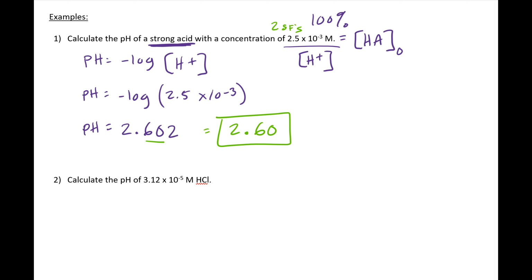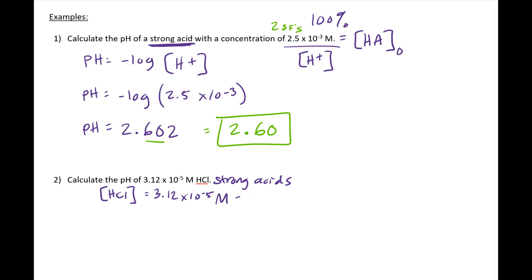Number 2, calculating the pH of a 3.12 times 10 to the negative 5 molar HCl. So HCl is one of our strong acids. And this is why you have to memorize those 6 strong acids, because the way we calculate pH for strong is a little bit different than the way we calculate pH for weak. So if it's strong, I know that the molarity of HCl is 3.12 times 10 to the negative 5 molar.